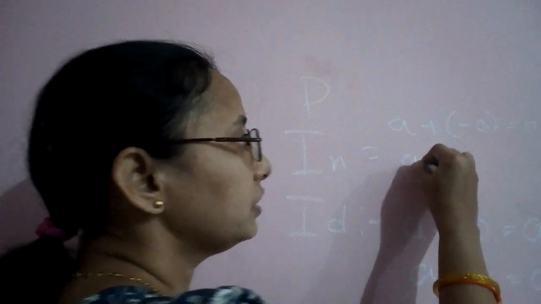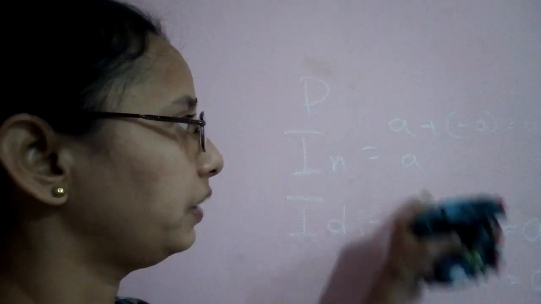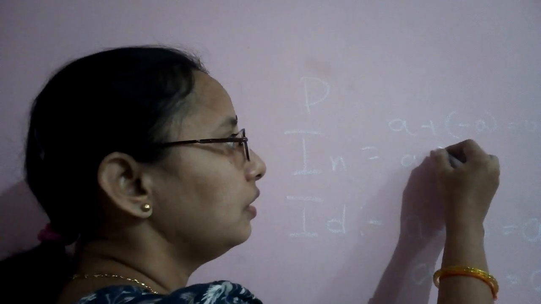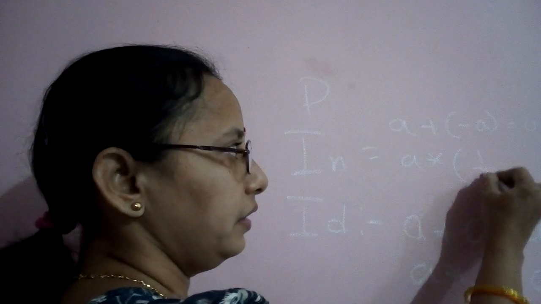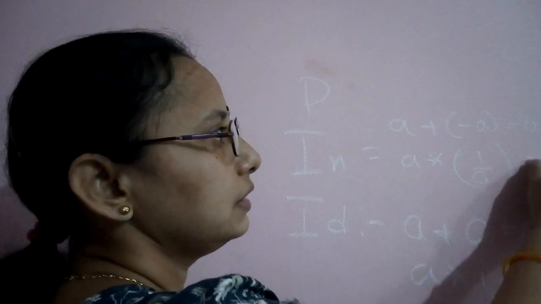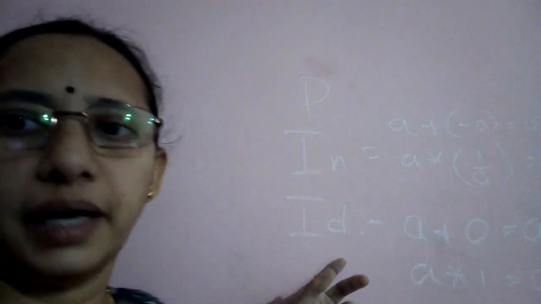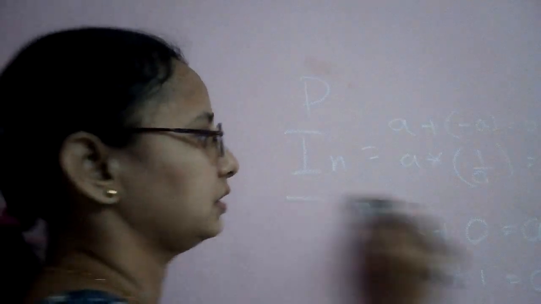For the multiplicative inverse, the inverse of a is 1 by a; a gets cancelled and the remaining thing is 1. These are the inverse properties, and these are the identity properties.